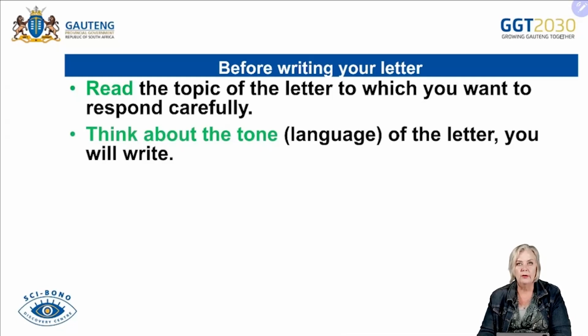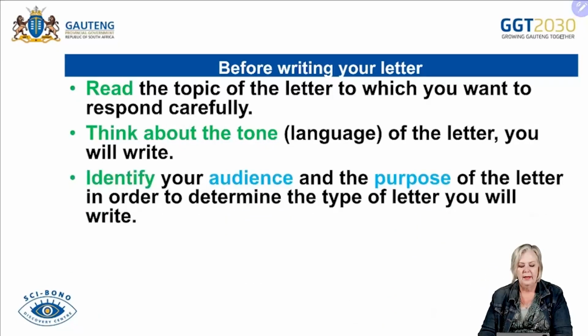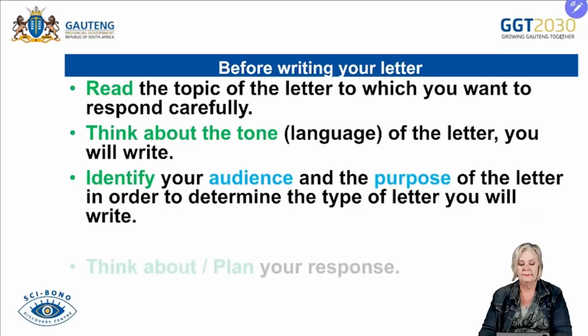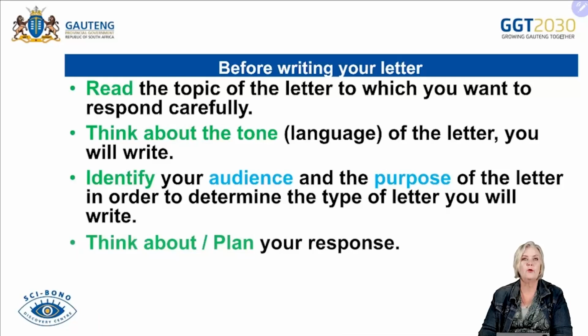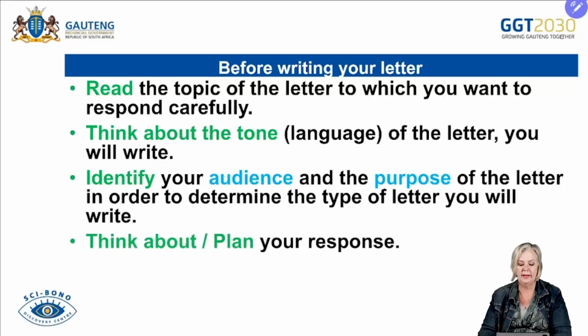Think about the tone and the language of the letter you will write. Identify your audience, in other words, who is this letter addressed to, and the purpose of the letter in order to determine the type of letter that you will write. Think about or plan your response carefully.